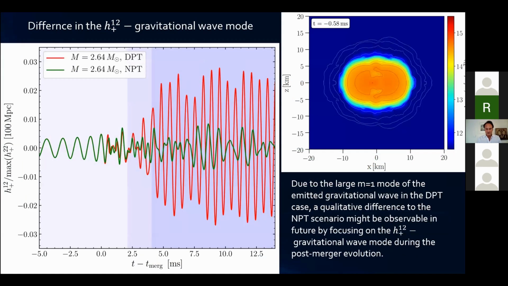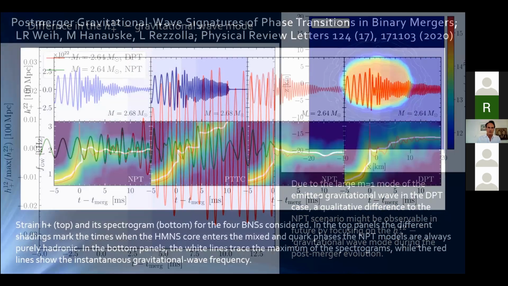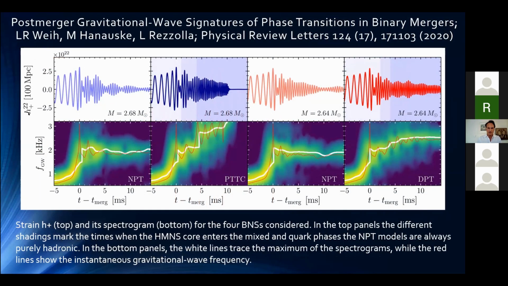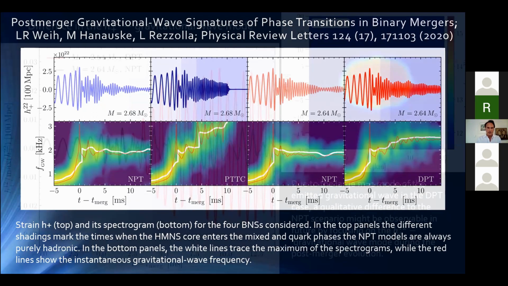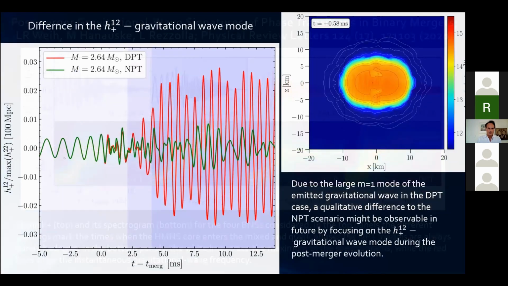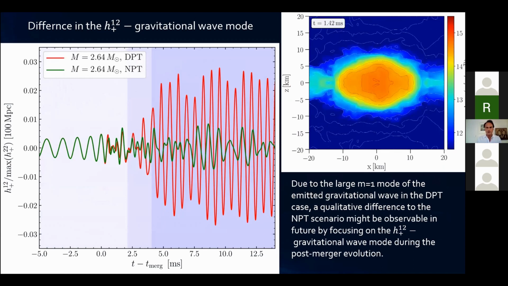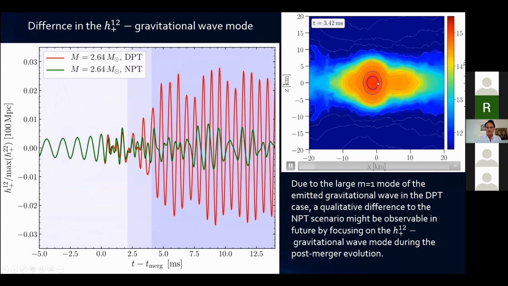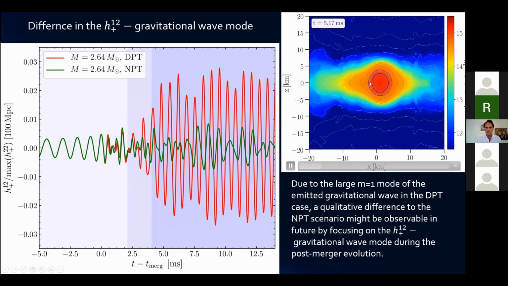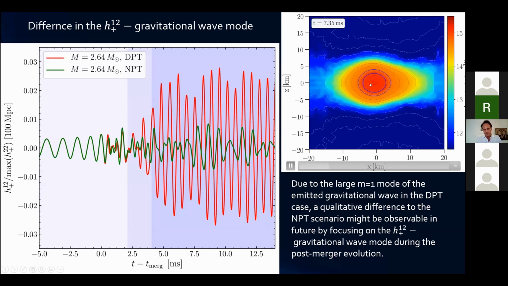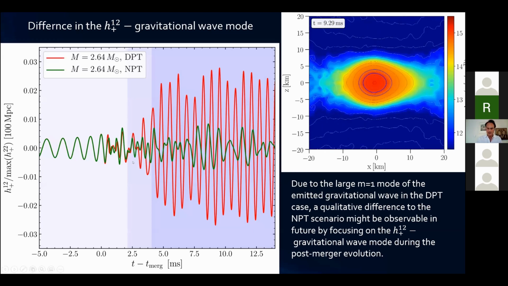One important thing we also saw: in the gravitational wave we plot the 2-2 component of the emitted gravitational waves, but because of the asymmetry, we also see in the h1-2 component, only in the case where we have a phase transition, an increase here. This is due to this asymmetry after collapse, which you see here. Now it is the collapse, and due to this wobbling around, it creates this h1-2.